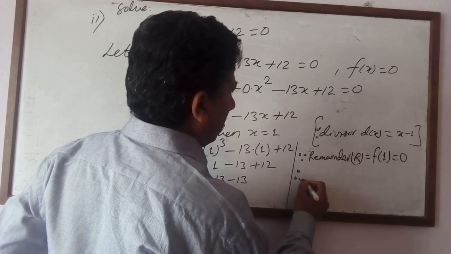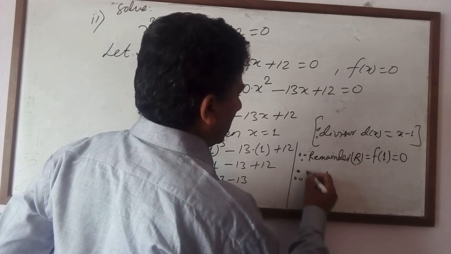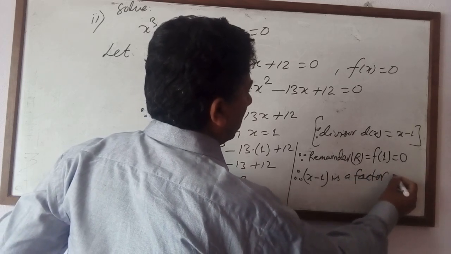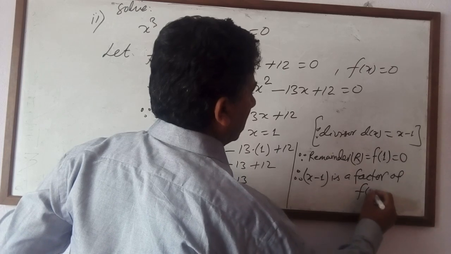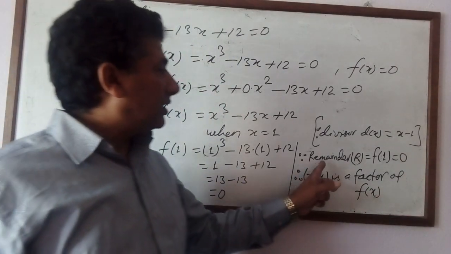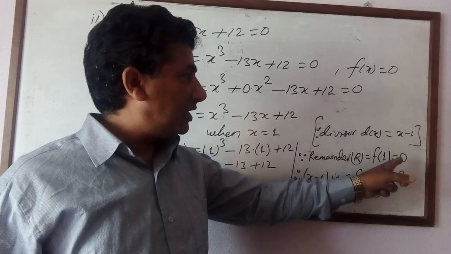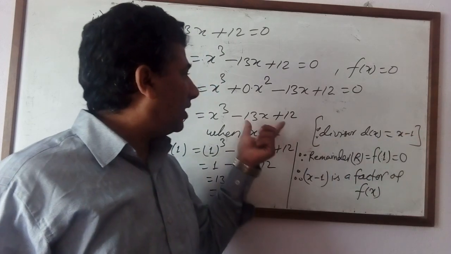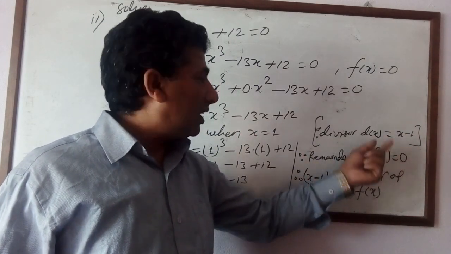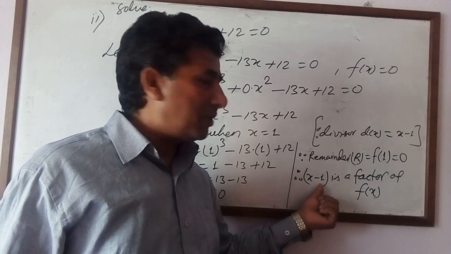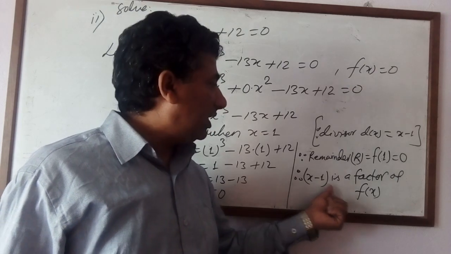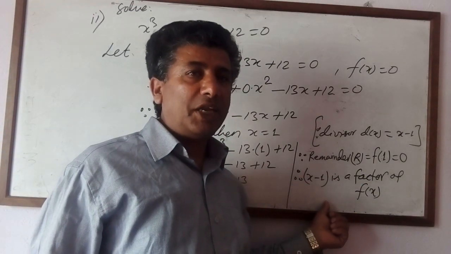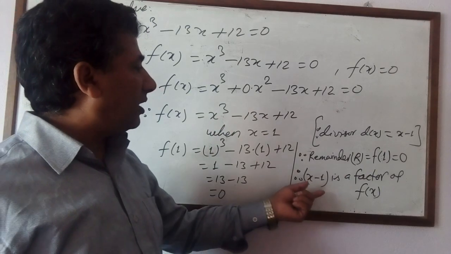Therefore x minus 1 is a factor of f(x). Since the remainder is 0 when we divide the polynomial by the divisor x minus 1, remainder 0 means that x minus 1 is a factor of f(x). Now we found a factor, x minus 1.